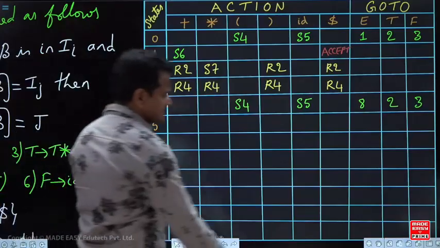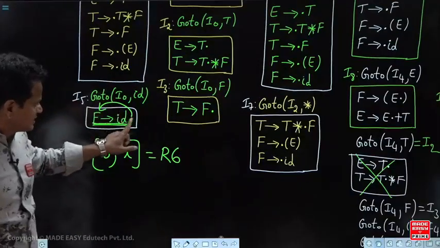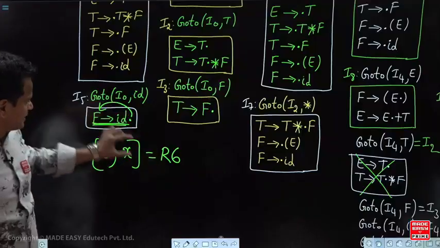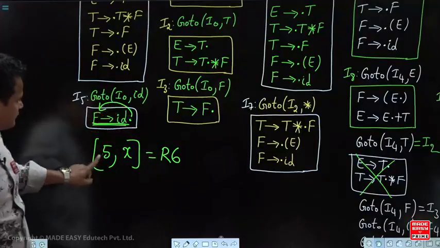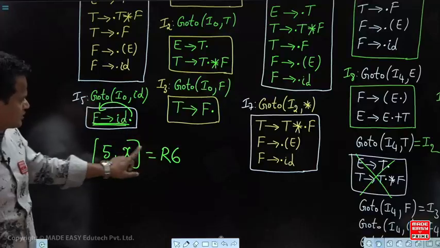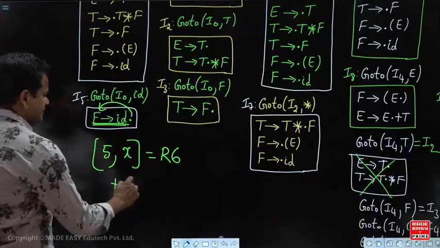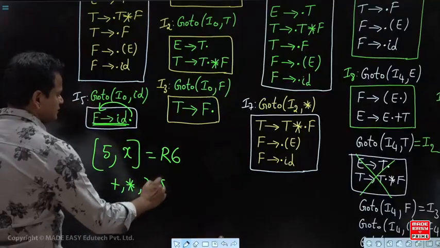So I repeat, if anybody has any doubt, whenever there is a final item, just remember reduce comes. The name of the state is I5, so fifth row. Whenever reduce, we use the follow columns. What is follow of F? Plus, star, closed, dollar.